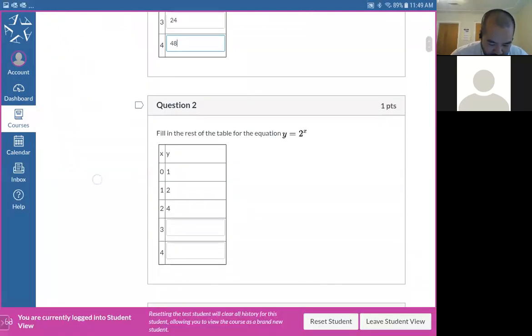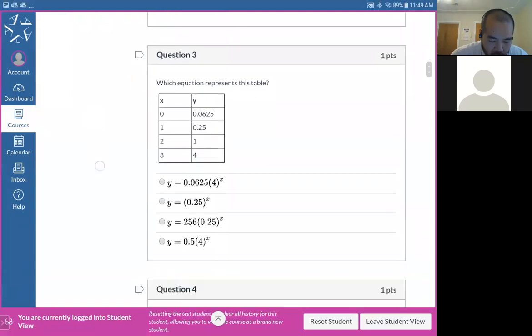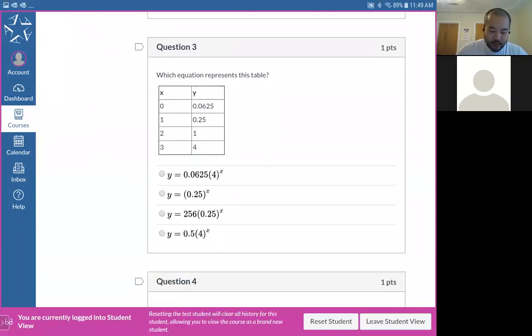Are they all like that? That one's just like that one. With number 3, just plug these in. Let's do the 3. So 0.5 times 4 to the 3.